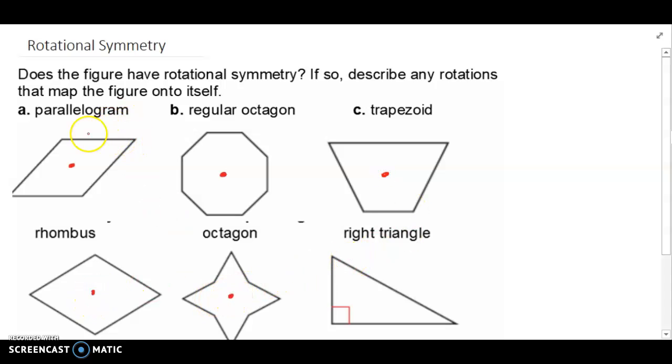So if we rotate this 90 degrees, this point would be way over here. So that would be a no. If we rotated it 180 degrees, this point would now lie here. This point would now lie here, and so on and so forth. So this would have 180 degree rotational symmetry.